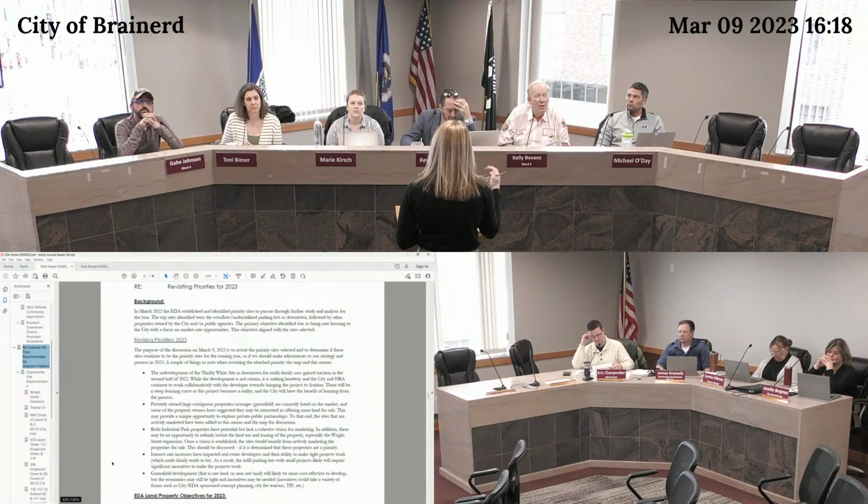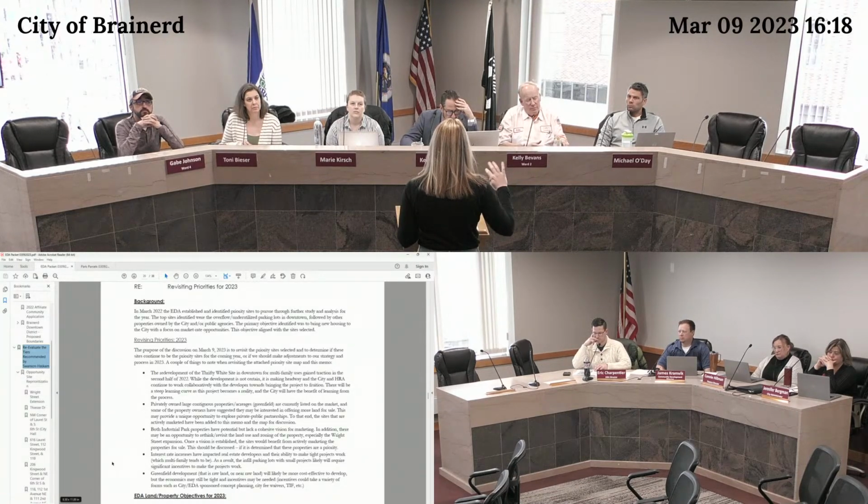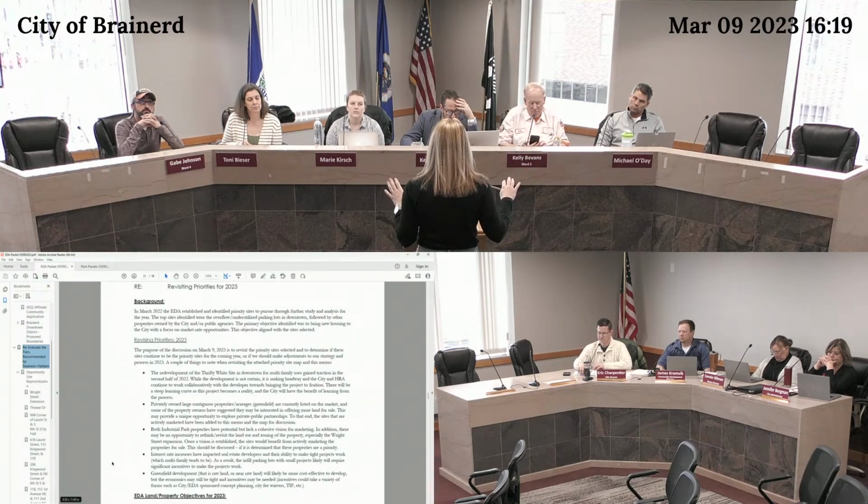So we know since then that Thrifty White is actually looking like it's going to be a development in terms of a multifamily project, which is the same type of project that would have gone onto those parking lots. So the idea here is, do we let them lead first and let them take that and we learn from what they're doing there and prioritize somewhere else?